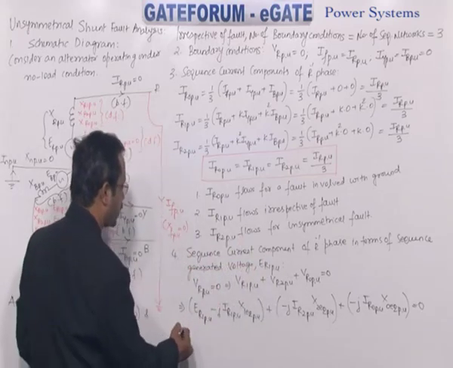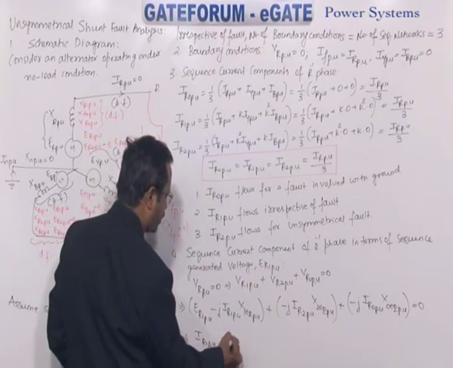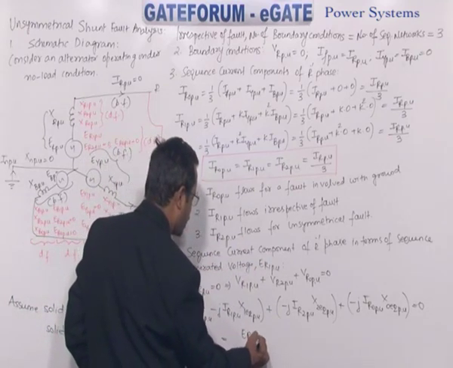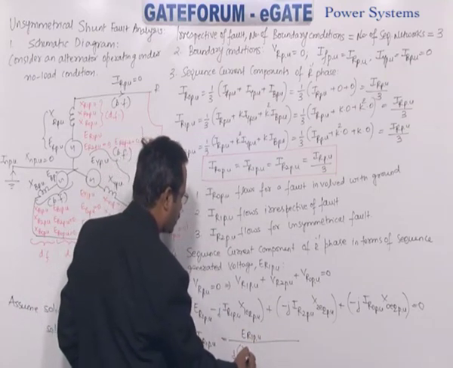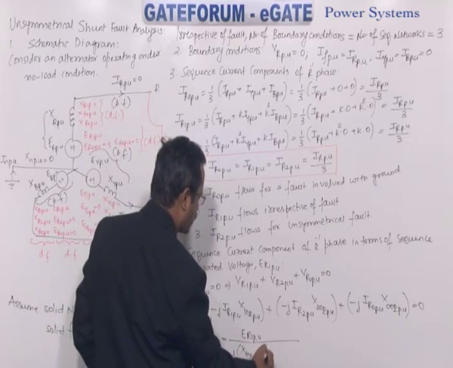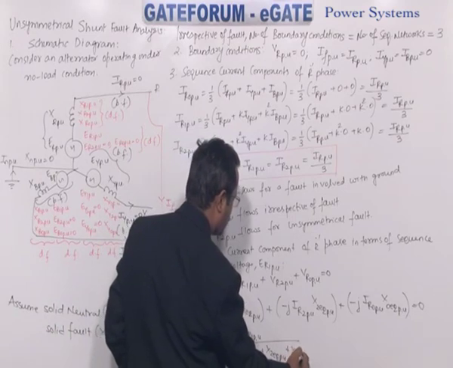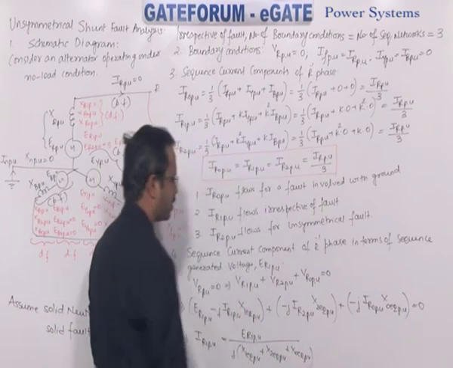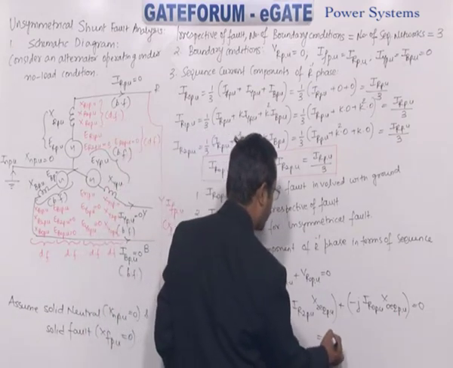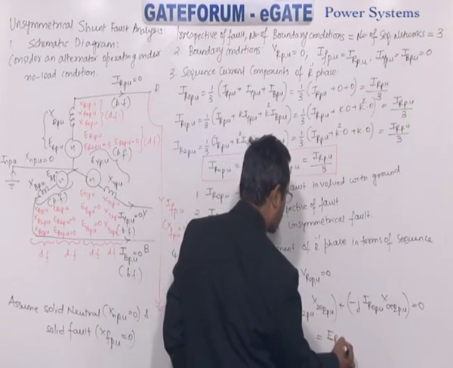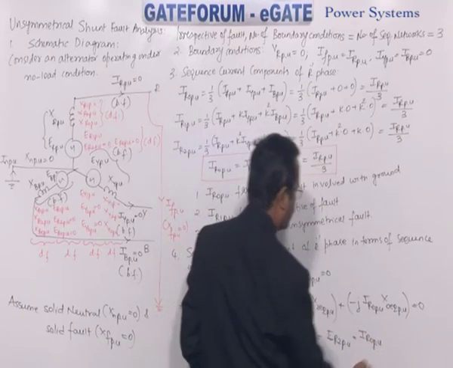On simplifying this further, you can find what is IR1 per unit. You get it as ER1 by the denominator, the total sum, X1 equivalent plus X2 equivalent plus X0 equivalent. And the same answer you get for IR2 per unit, also IR0 per unit.